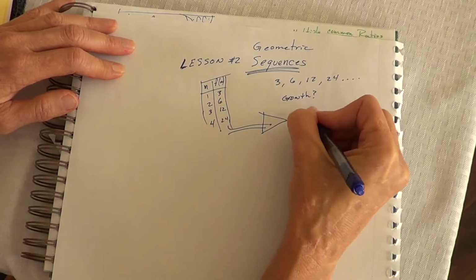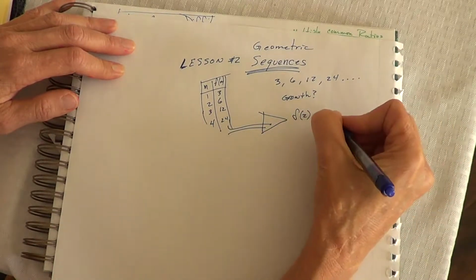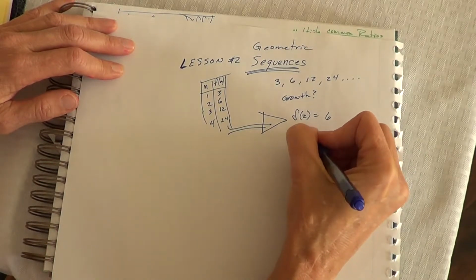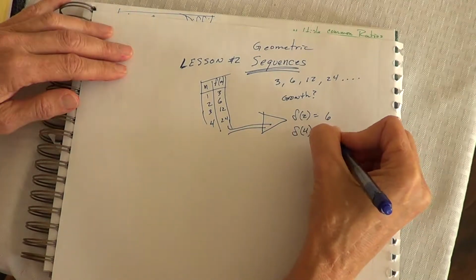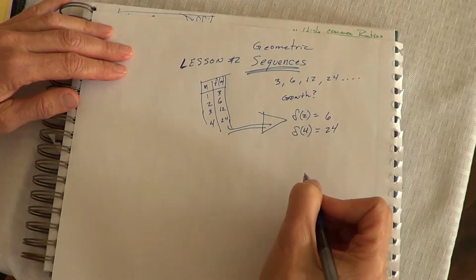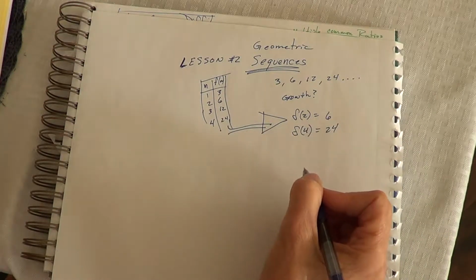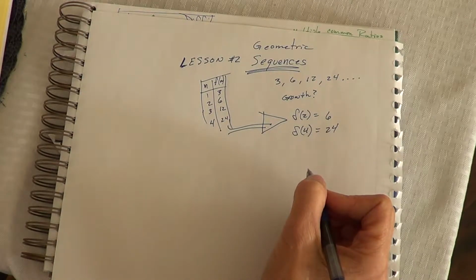So if I ask you what the second term is, you could say it is 6. If I ask you what the fourth term is, you would say, oh, well, that's 24. Okay? That just helps us in going into our formulas and being able to understand what we're writing here.